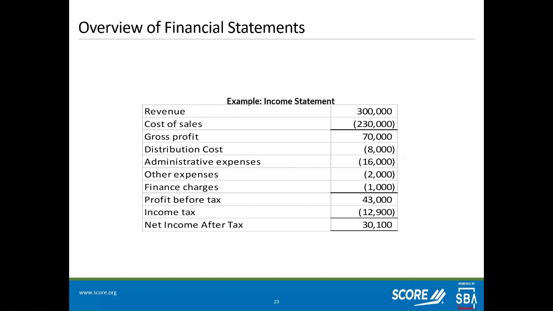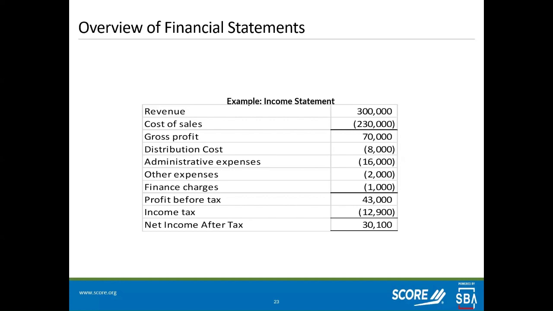We have to get those products to our customers, distribution costs. We have administrative costs. Perhaps we're paying ourselves a salary, or we have some accounting assistance. Other expenses, that's all other categories. Finance charges, if we're borrowing money, we would have interest costs.